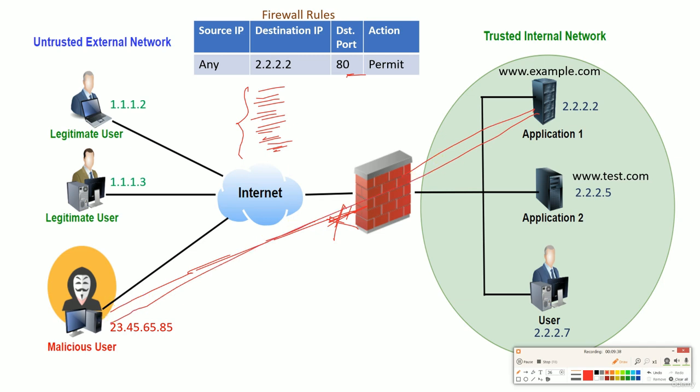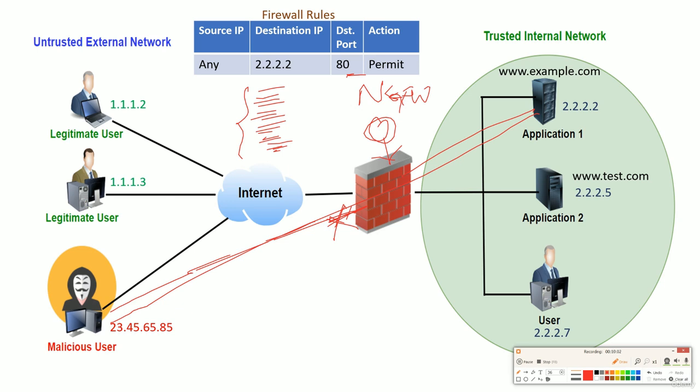Then once he has the access, if he tries to run some scripts or does some malicious activity, each and every transaction would be inspected. The firewall would inspect each and every transaction, because it's a next generation firewall.